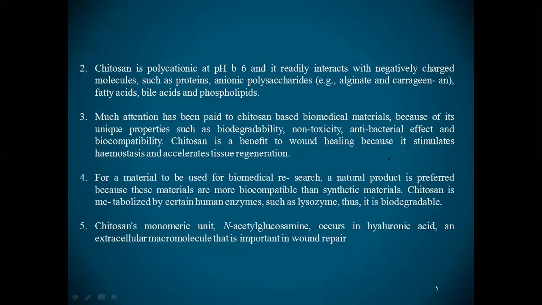Chitosan is a biocationic polymer with a pKa around 6, so it can readily interact with negatively charged molecules such as proteins, anionic polysaccharides, for example alginate and carrageenan, fatty acids, bile acids, and phospholipids.